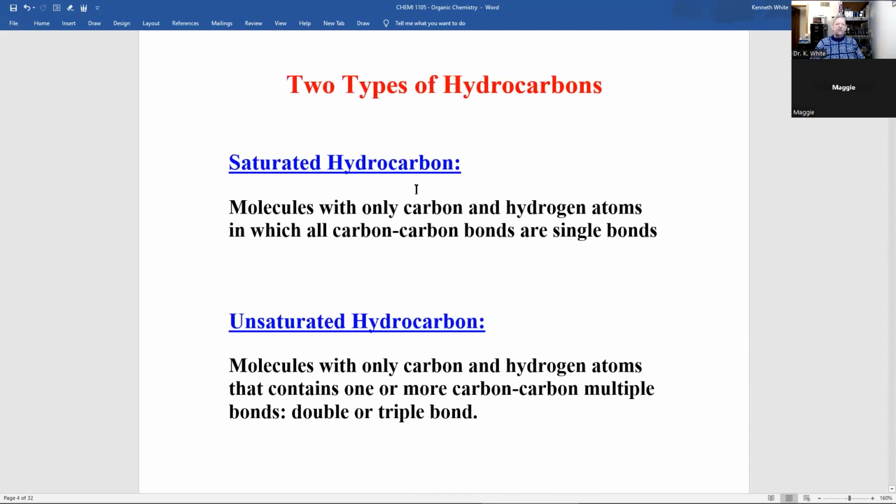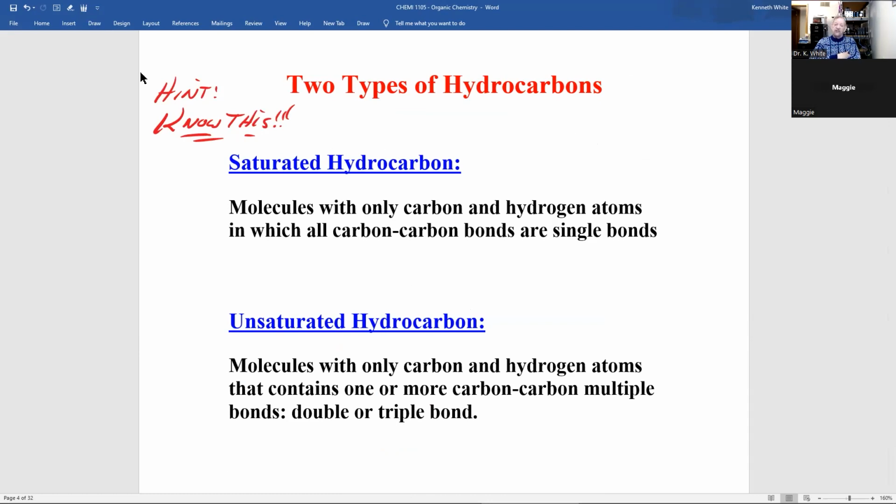Now, there are 2 types of hydrocarbons you should know. And this part, I'm going to ask you to memorize a few things, but this is in our daily life. The two types are saturated hydrocarbons.